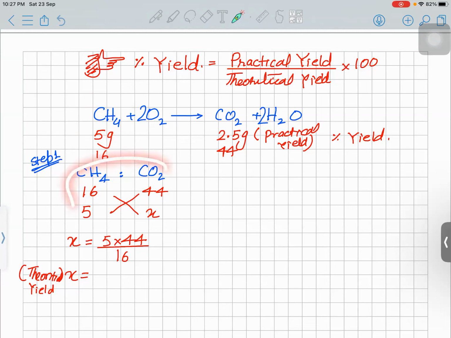So use mole ratio to find the value of X. This is what theoretical yield of carbon dioxide. Can you tell me the value? Sir, 13.75. Right? So step 2, percentage yield.